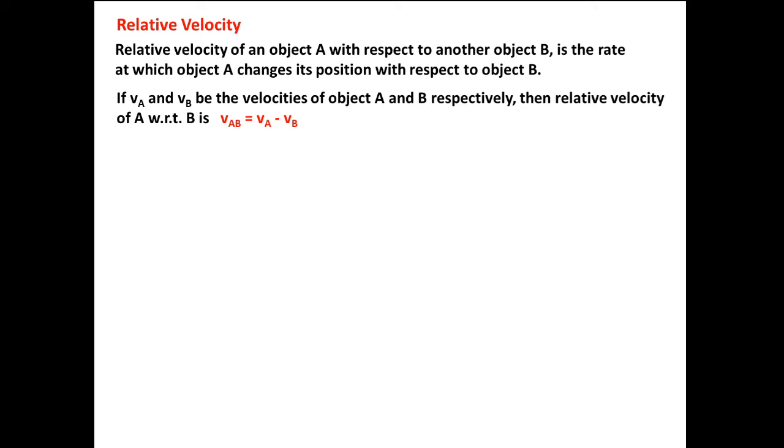So if VA and VB are the velocities of A and B, then the relative velocity of A with respect to B will be VA minus VB, and it is written as VAB. Similarly, we can say VBA equals VB minus VA. Here the motion is along the same straight line, so we are not employing the vector notation.